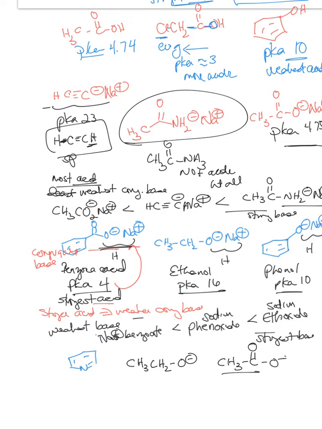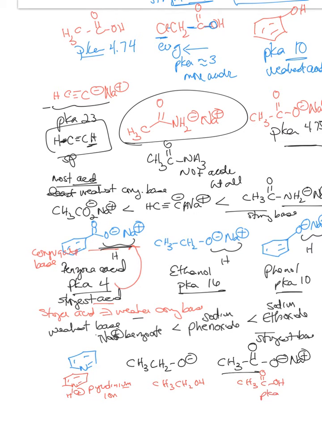Of course if you protonate these, what are you looking at? The pyridinium ion. This would be ethanol, and this would be acetic acid.